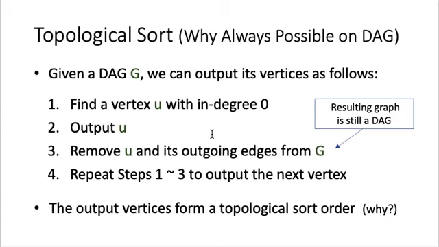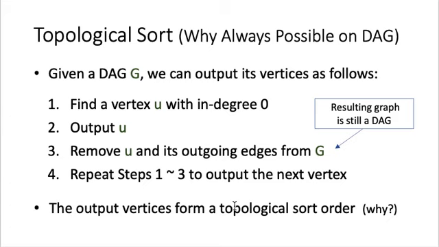So we are going to repeat this process to find another node. Because it is now a DAG, we can find another node with in-degree 0, output it, remove it and its outgoing edges, and so on and so forth. The output vertices will form a topological sort order.